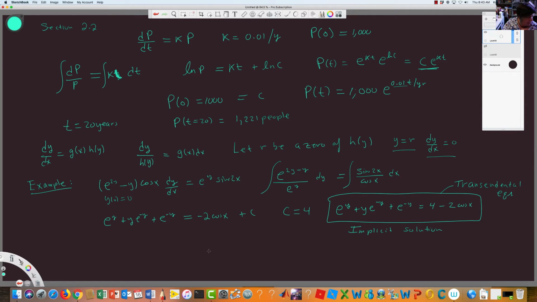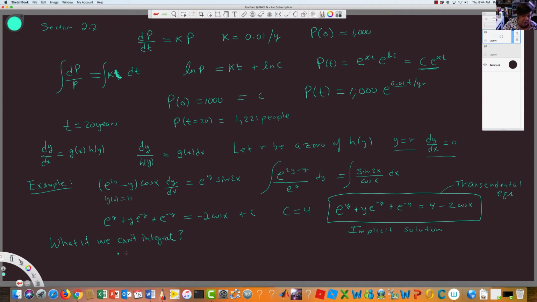Okay. Now, what if you just can't integrate, right? Because this whole thing depends on being able to integrate stuff. What if the integrals are too hard? Well, there are a couple things you can do.